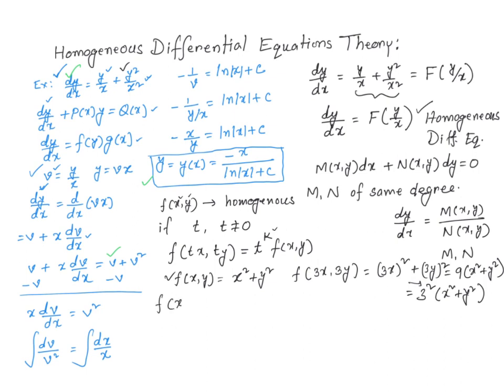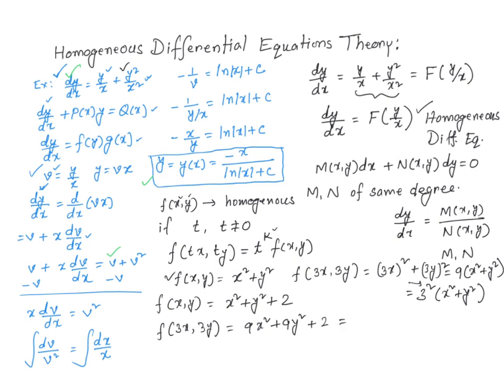Whereas this function is not a homogeneous function. So f of x comma y is equal to x squared plus, again, y squared, and let's add something like a 2. Then f of 3x, 3y is again 9x squared plus 9y squared plus 2.